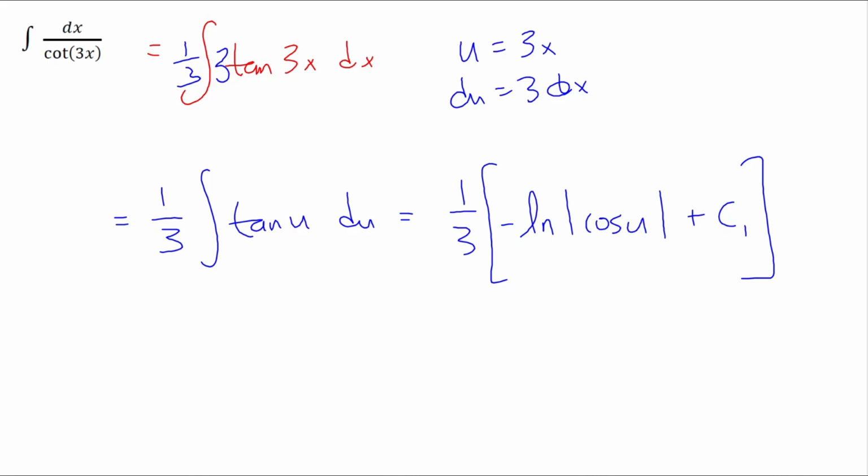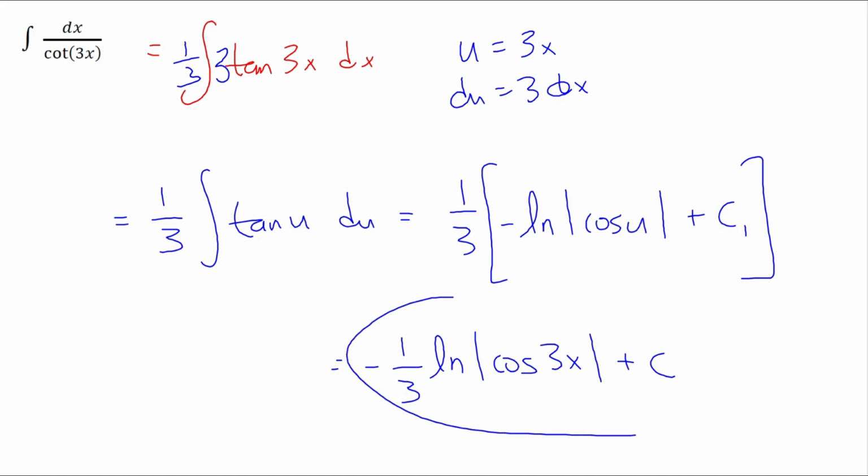So we can just use that rule. If you don't remember that rule, remember you can just rewrite tangent as sine over cosine and do a u substitution for the denominator for the cosine. You'll end up getting this exact same thing. And sometimes you see it written as natural log of the absolute value of secant, which is also fine. So here we have negative 1/3 natural log absolute value cosine of u, which was 3x, plus some constant.